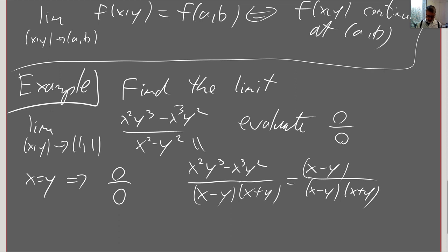Let's see. So we probably need an x y cubed, it looks like. And that will give us the right thing on the front. And then we'll have an x y to the fourth. So it'll be a little bit long here.